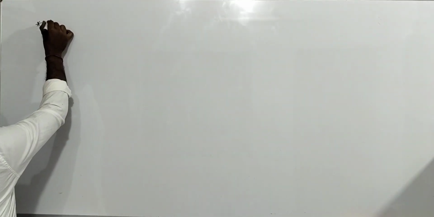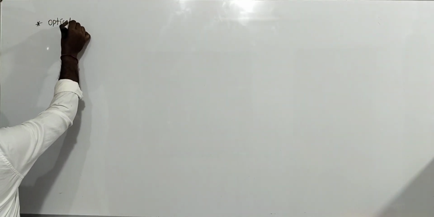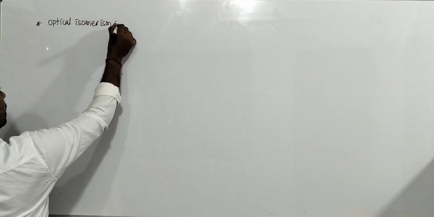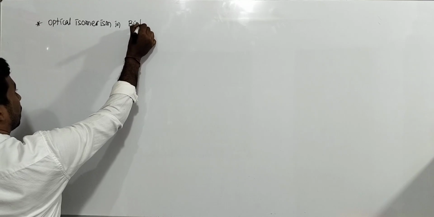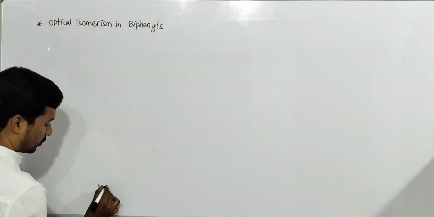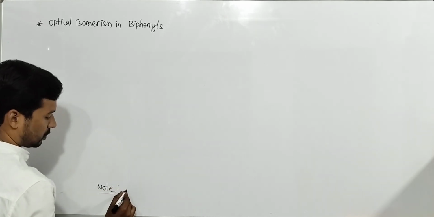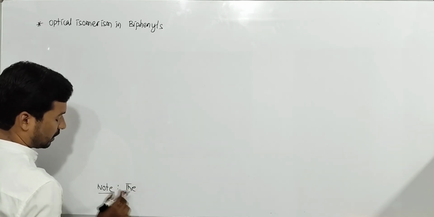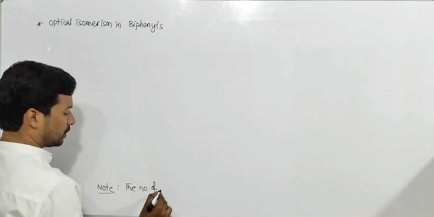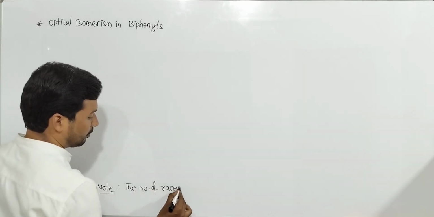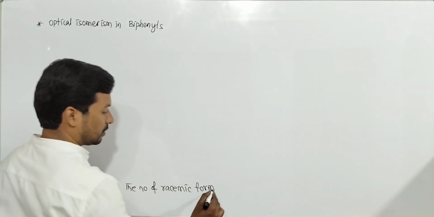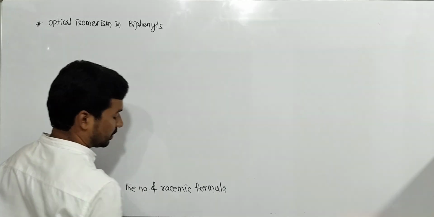Last one, optical isomerism in biphenyls. Note, I forgot in the last video, the formula for the number of racemic forms, at the topic of number of optical isomers.